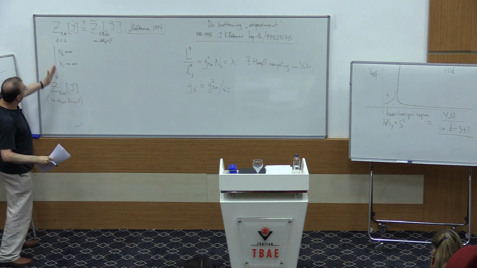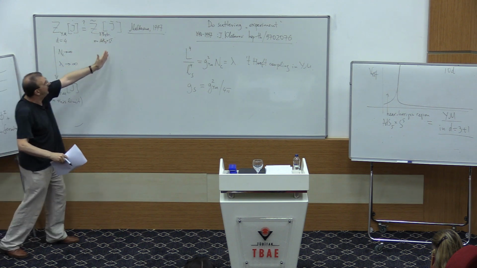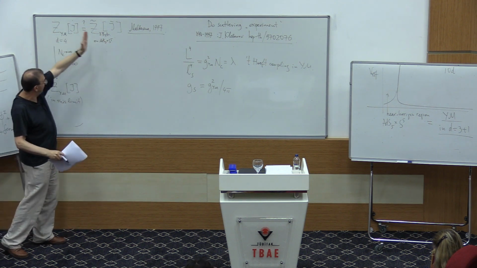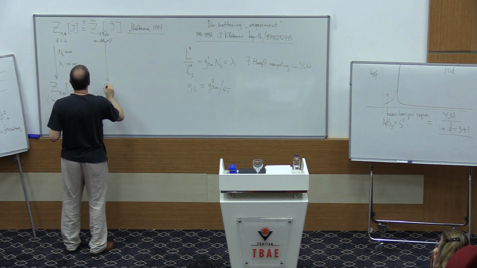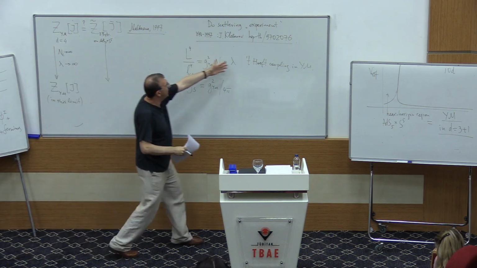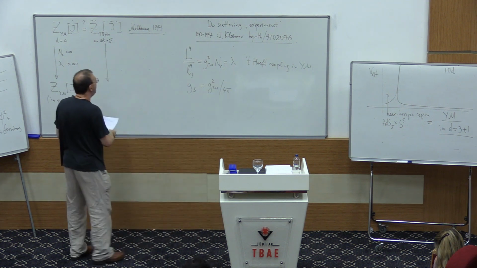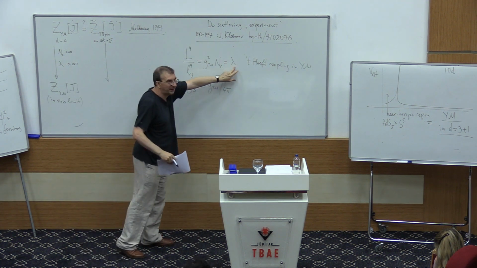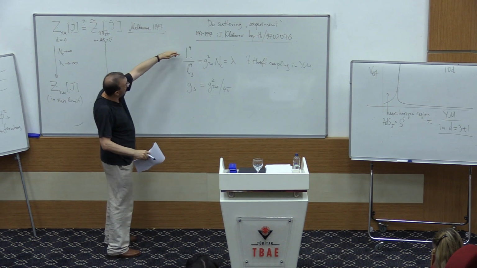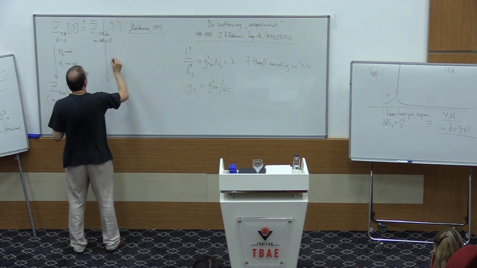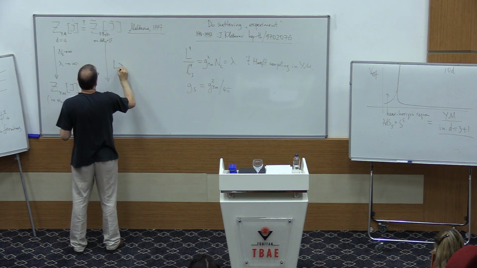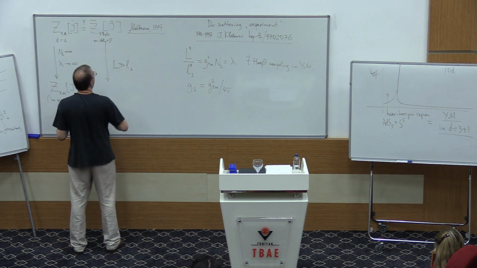So what happens? You have to take the same limit on the right-hand side, of course, because this is equal to that. On the right-hand side, we have these identifications here. Taking, for example, lambda to be extremely large means that you have to take the limit in which capital L is much larger than l_s.